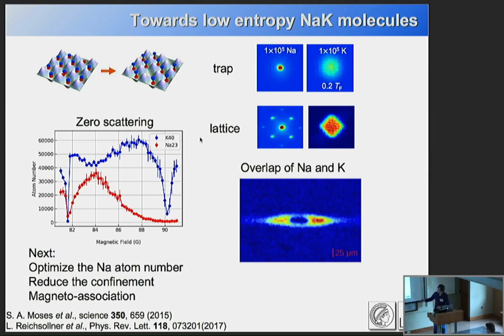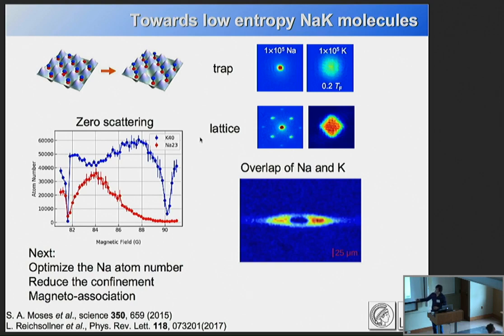Next, I want to show that we also identify the zero scattering point of sodium and potassium by looking at, after sympathetic cooling, where we have most sodium remaining. This indicates the zero scattering point.